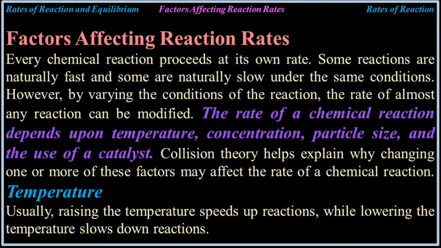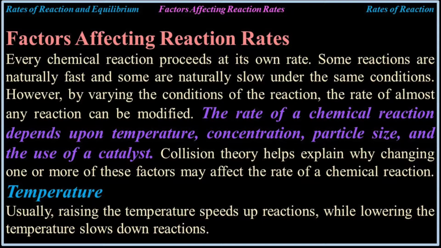Factors affecting reaction rates. Every chemical reaction proceeds at its own rate. Some reactions are naturally fast and some are naturally slow under the same conditions. However, by varying the conditions of the reaction, the rate of almost any reaction can be modified.